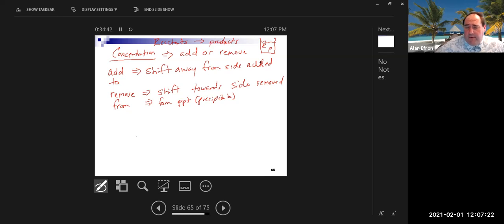Obviously if you make a precipitate, you could see it happening in most cases. You'll see maybe a white solid, green solid, yellow solid, some type of solid being formed. Another common way we could remove something is the formation of water. If you have a reaction where there's H plus or OH minus involved, and you add either H plus or OH minus to it, those two will come together and make water, which is H2O.